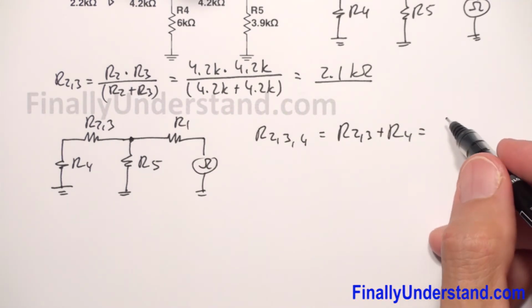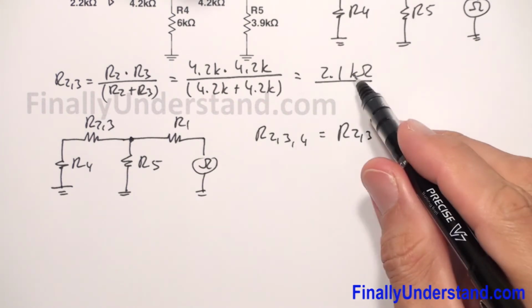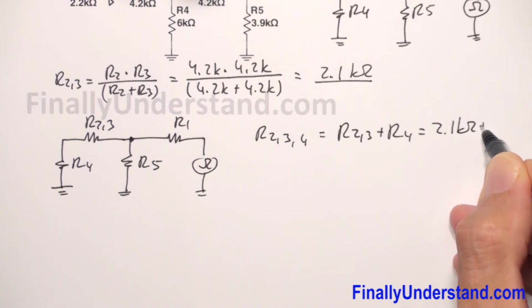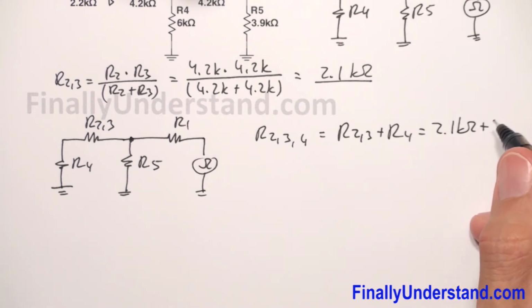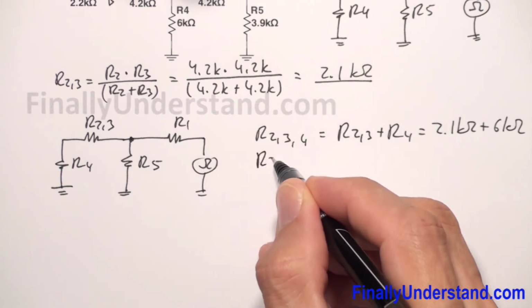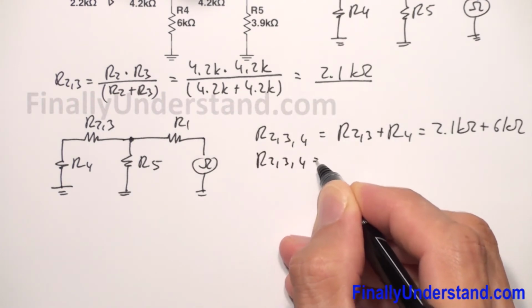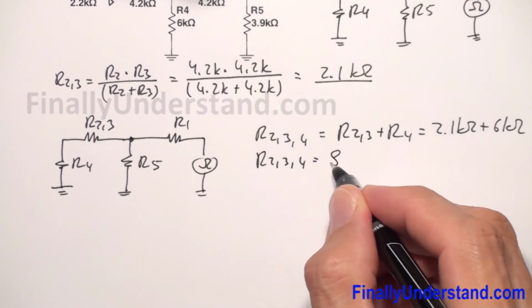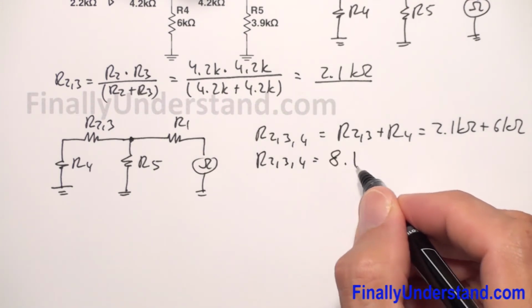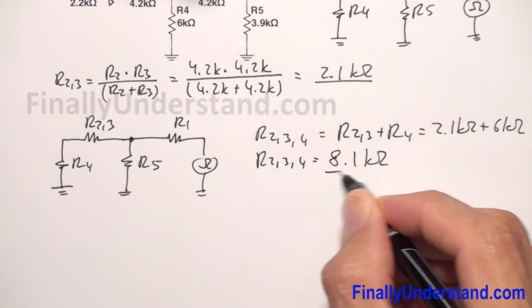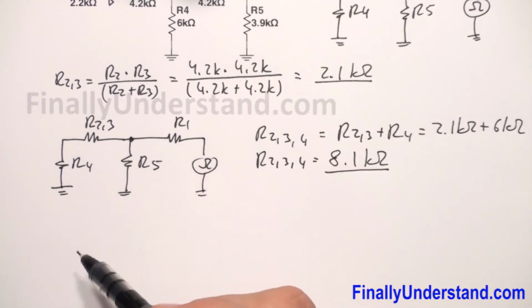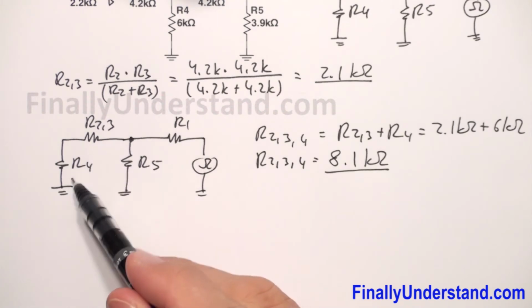R23 is equal 2.1 kilo ohms plus R4, which is equal 6 kilo ohms. So R234 is equal 8.1 kilo ohms. Okay, so this is my total resistance of these two resistors.